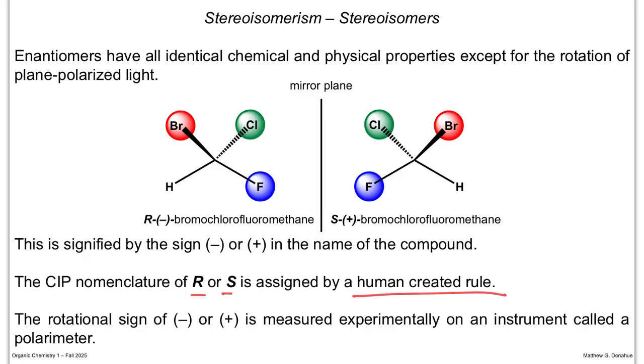The molecules aren't floating around in space and time with a letter R and S associated with them. The way they're differentiated is with the sign of the optical rotation as measured from polarimetry. So the sign is either going to be negative or positive based on how the sample rotates light.